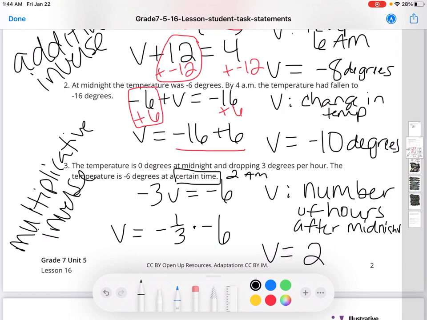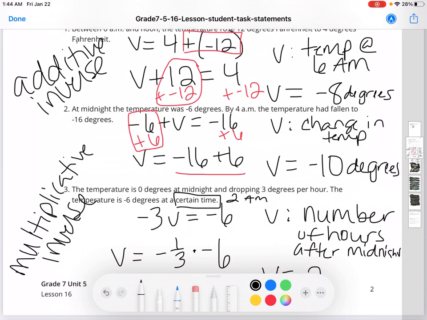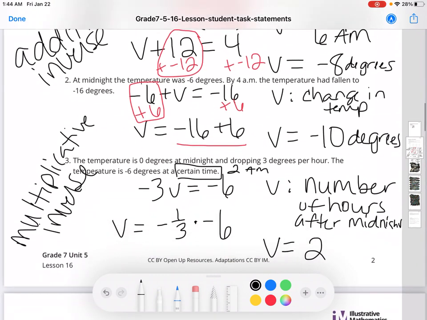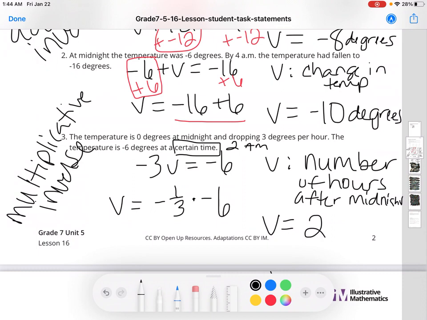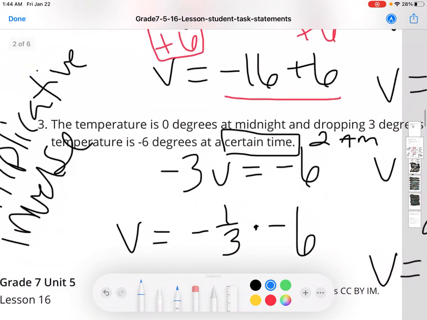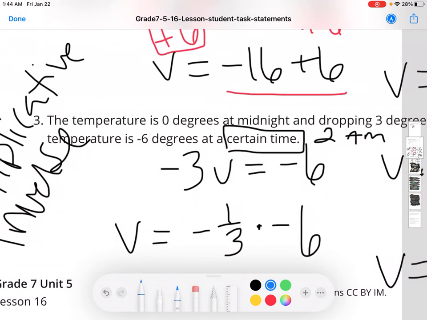And remember, an additive inverse equaled 0, but a multiplicative inverse equals what number? 1. So here we had -3 times V equals -6. So the multiplicative inverse means I multiply by the inverse. So -3 times -1/3.